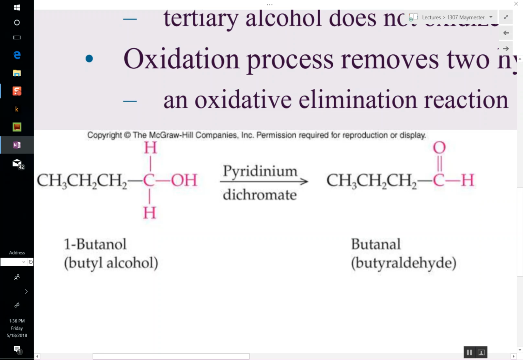So a primary alcohol is not going to make a ketone. To make a ketone, the oxygen would have to move, right? Doesn't. Where it started is where it ends up. This now has a carbon-oxygen double bond. So a primary alcohol produces an aldehyde.